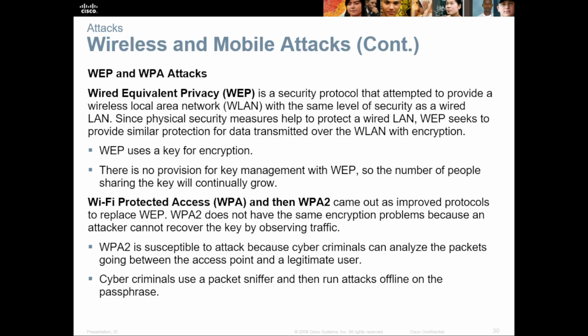WPA2 does not have the same encryption problems as WEP, because the attacker cannot recover the key by observing traffic. However, WPA2 is still susceptible to attack because cyber criminals can analyze the packets going between the access points and the legitimate users. Cyber criminals use a packet sniffer and then run attacks offline on the passphrase.